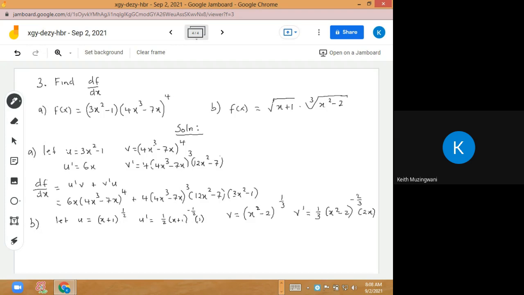And then f'(x) is equal to u prime v plus v prime u.